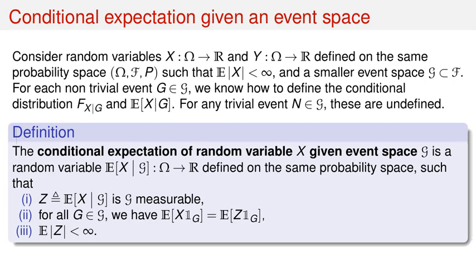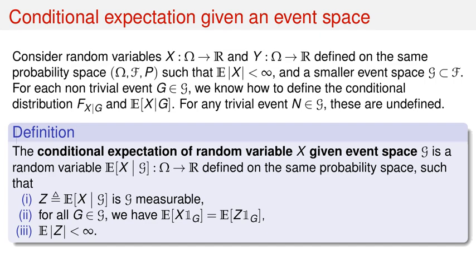First, let's call this new random variable Z, defined as the expectation of X given script G. Z must be script G measurable. This means that the pre-image under Z of any interval from minus infinity to y must belong to the sigma algebra script G for all real y.